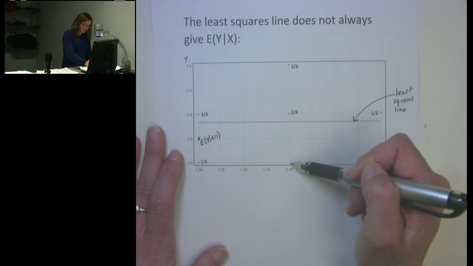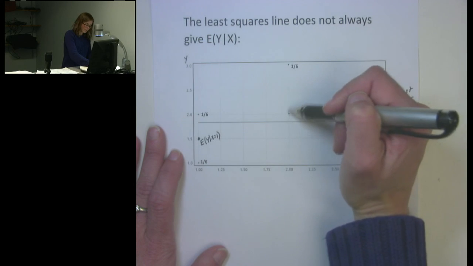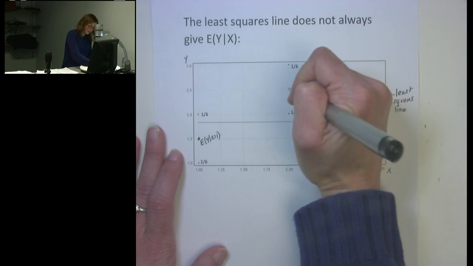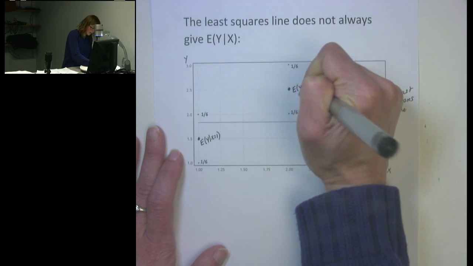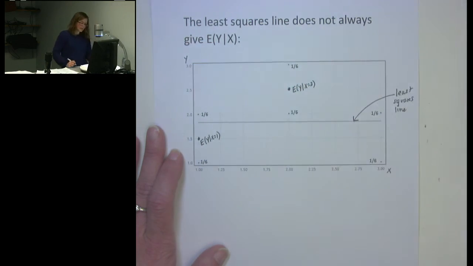If we know that x is equal to 2, and we were to find the expected value of y, given that x is equal to 2, it would be up here at 2.5.